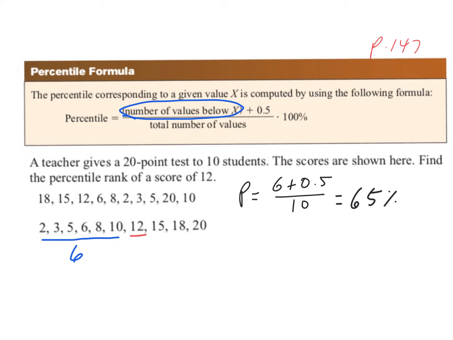I skipped the multiply by 100. I did that one in my head. 0.65, convert to a percent. That means that 12 is the 65th percentile. So that's how you find the percentile of a specific value in a data set. You use that formula.